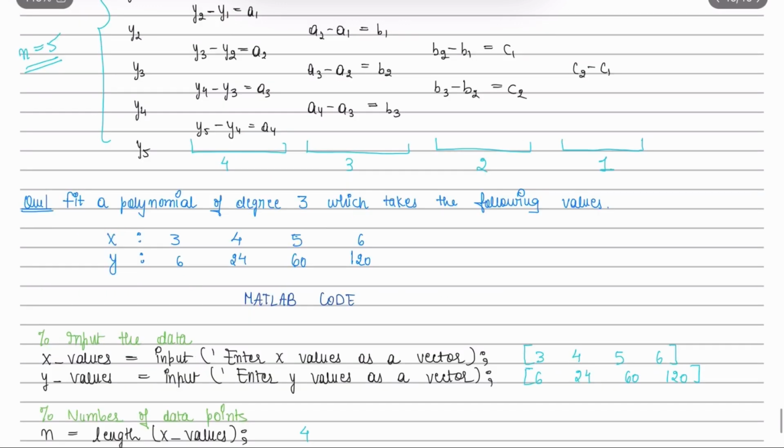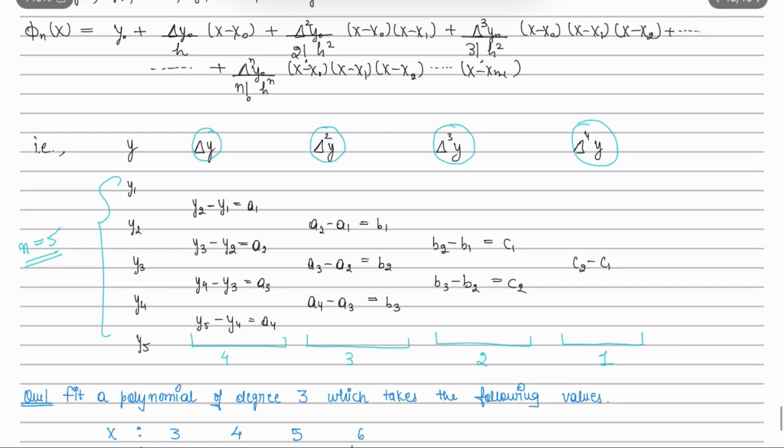In the previous general form of the forward or backward difference table, we saw that this table has dimension 5 cross 5, because in total we have 5 rows, and including the values of y and their forward differences, there are 5 columns. So the dimension of this table is 5 cross 5.